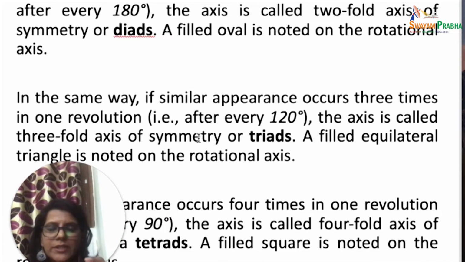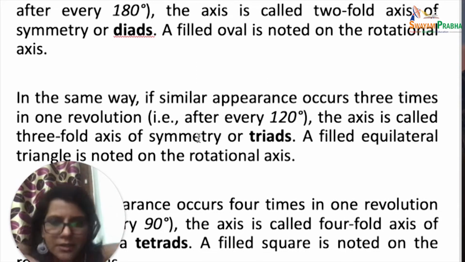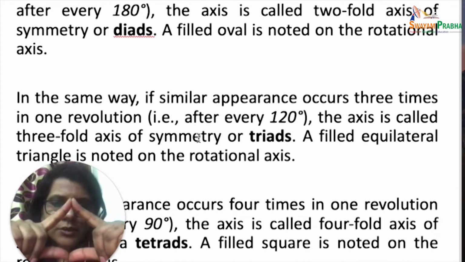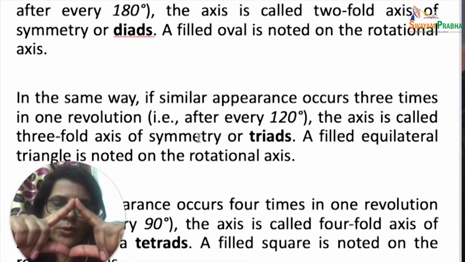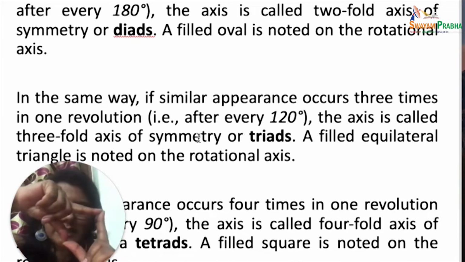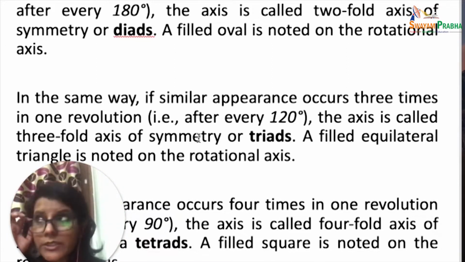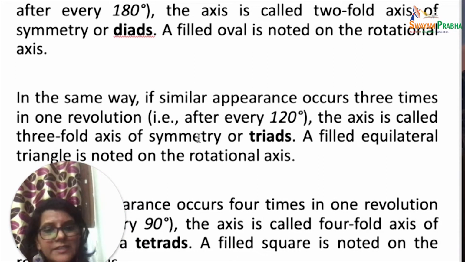Another 120-degree rotation, I get the same equilateral triangle. So that is said to have a threefold axis of symmetry.